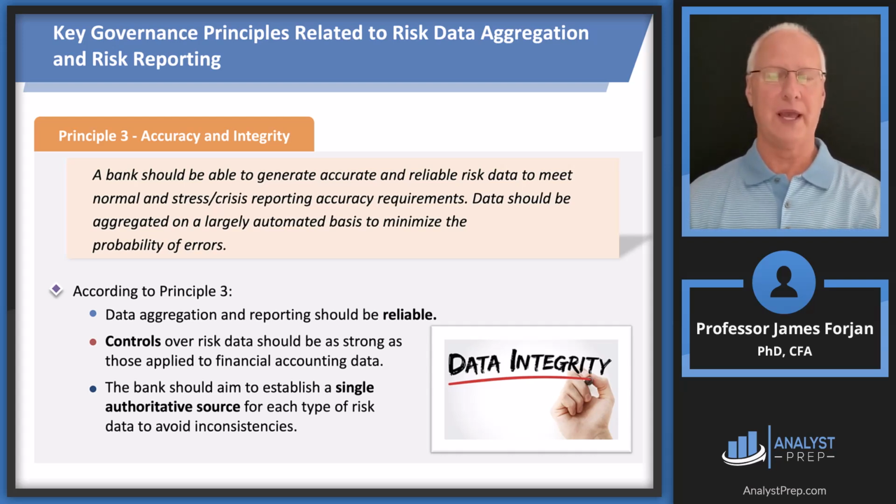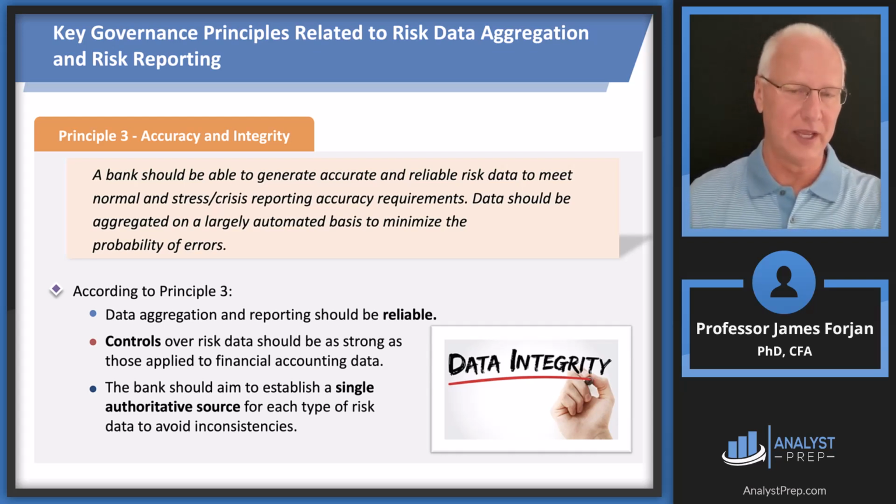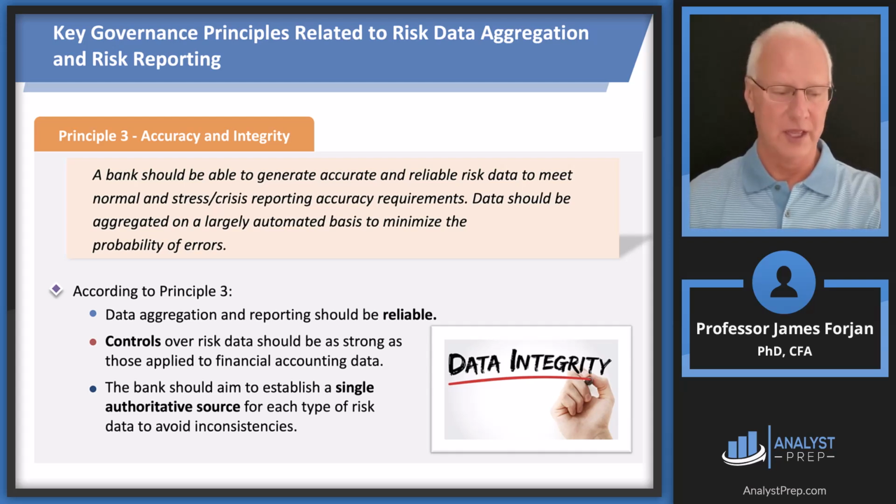All right, so accuracy and integrity. So these are two separate issues. I mean, they're related. We want to have accurate data, but we also want to have data that has a high level of integrity, meaning that we could go out and say, okay, we see inflation from the Wall Street Journal is 2.1%.